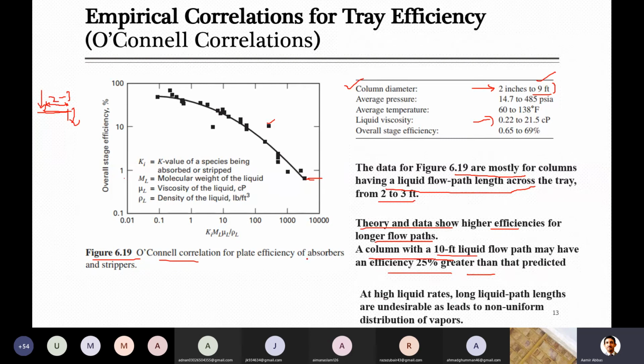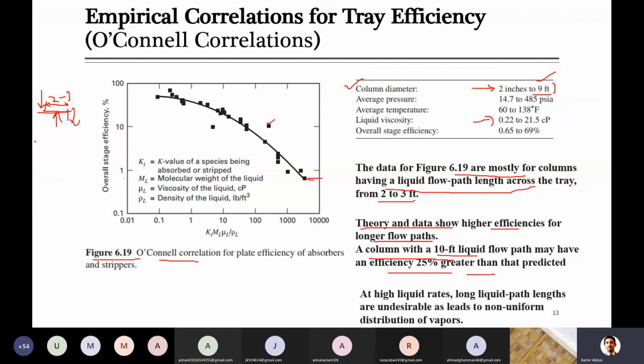The reason is, initially, if you have smooth flow on the surface, the flow is more or less properly distributed and equal over the whole surface of the tray, from the entering side up to the leaving side. If liquid flow rates are more or less close, it means the vapor coming in from the bottom tray will be in good contact with the liquid.